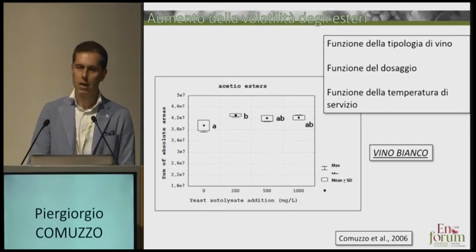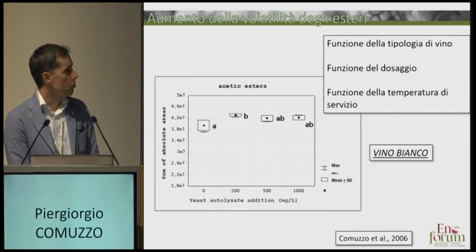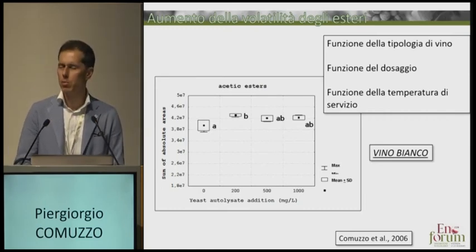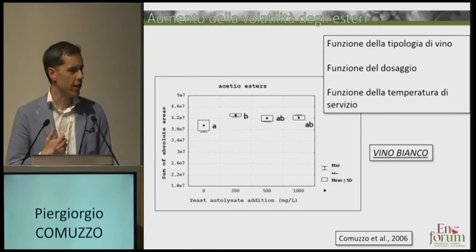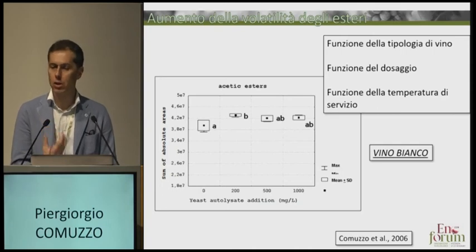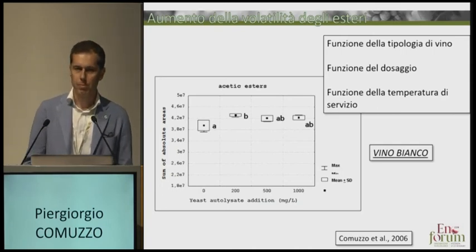In some cases, you have an increase of ester volatility of wine at low dosages. It is more likely at temperatures that are higher. This means that we have a retro-olfactory complexity that is more pronounced.